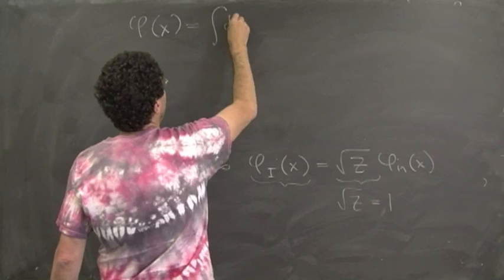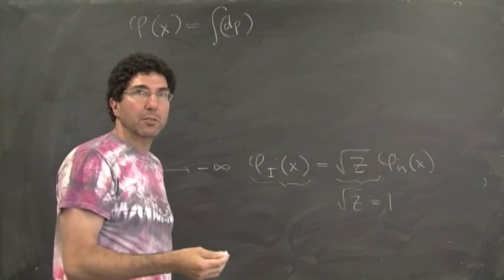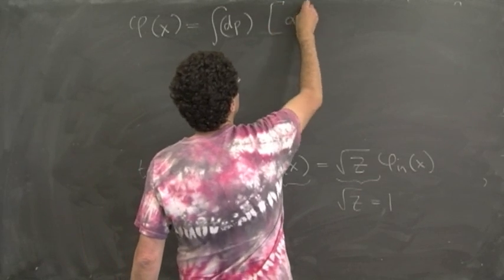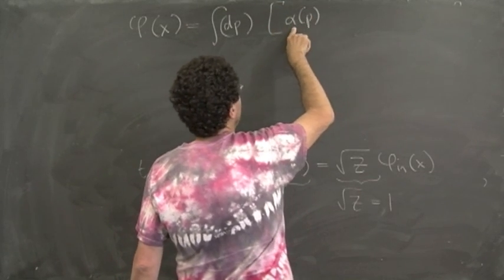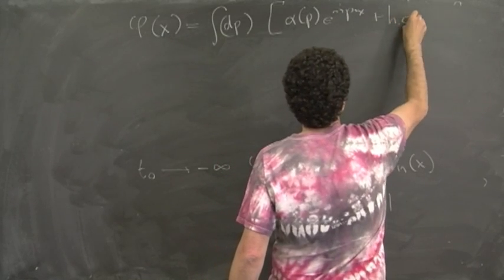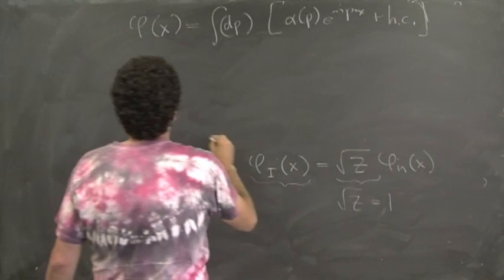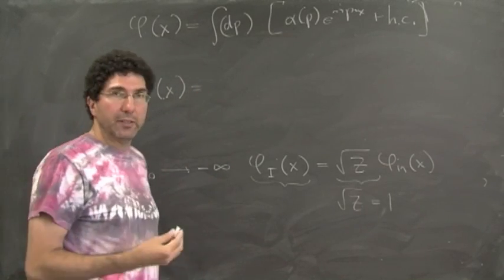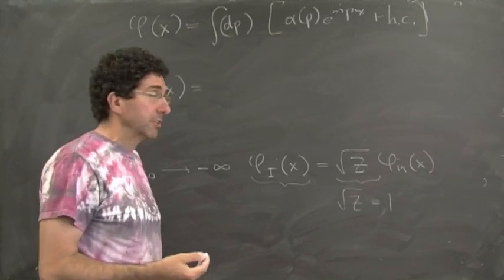I can write them in the usual way in terms of creation and annihilation operators. So we'll introduce some annihilation operator alpha, e to the minus i p dot x, plus Hermitian conjugate. And I will have my nucleon fields. This is a different kind of particle, and it has charge.